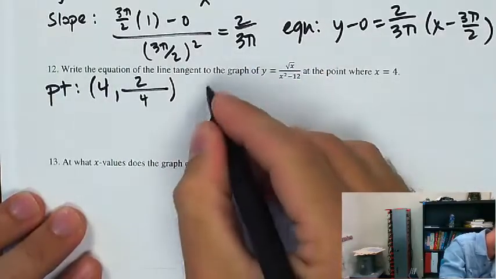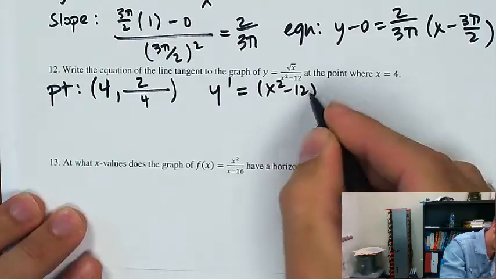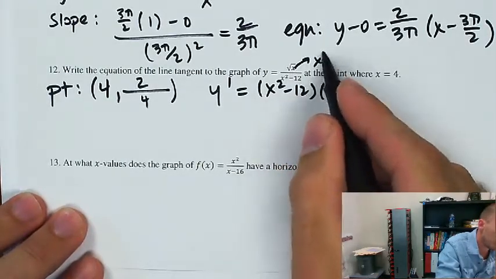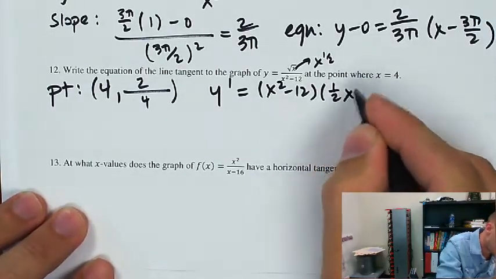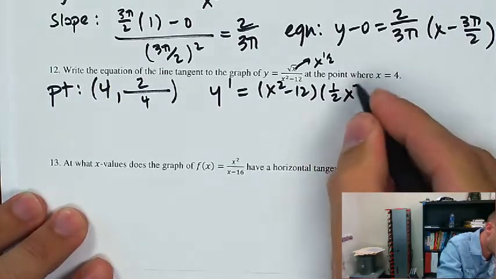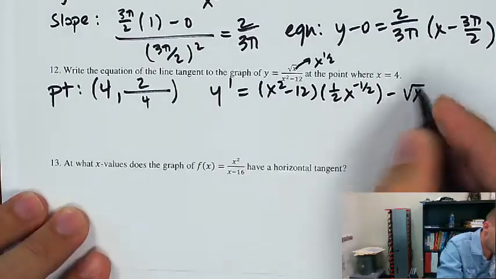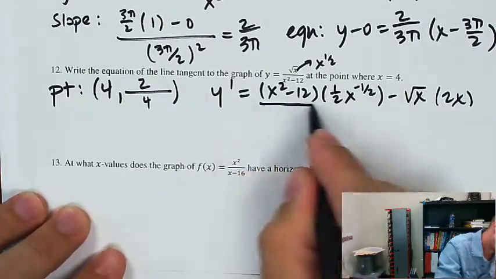The slope, I'm going to need y prime, so I'm going to say bottom times the derivative of top. The derivative of x to the 1/2 is going to be 1/2 times x to the decrease the power by 1, that becomes negative 1/2. Minus the top times the derivative of the bottom, divided by the bottom squared.